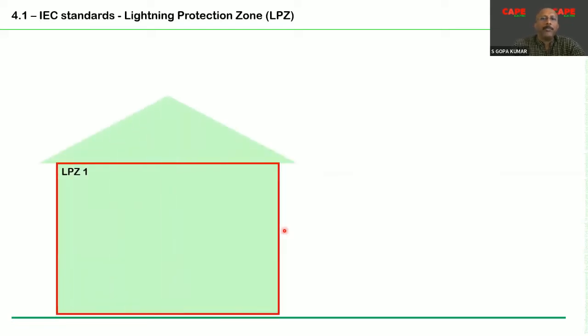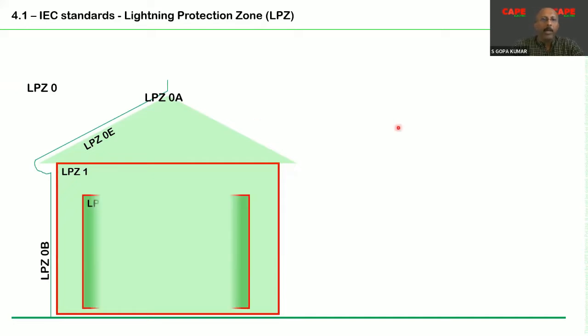The building is classified into various lightning protection zones. For example, outside the building, you have lightning protection zone 0, which is subdivided into, you can see here, LPZ0A, 0E, 0B, like that. Depending upon the severity of the lightning current flowing through the building, the building is classified into lightning protection zones.